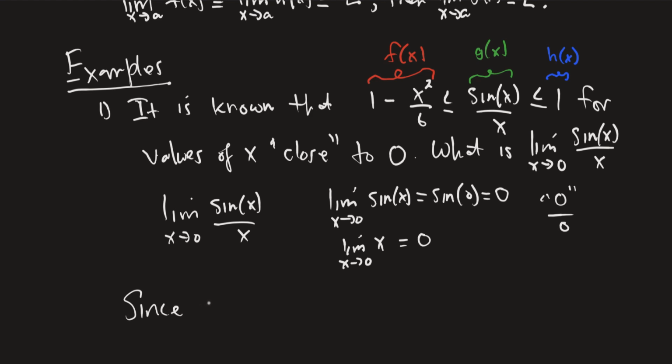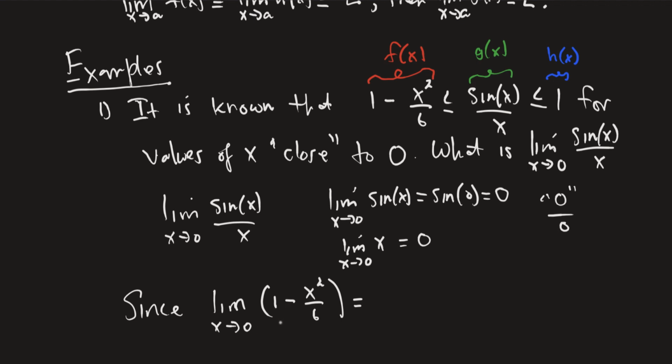So let's take the limit of the lower function as x approaches 0, right? So if we take the limit as x approaches 0 of 1 minus x squared over 6, well, this is an elementary function. It's a basic parabola.